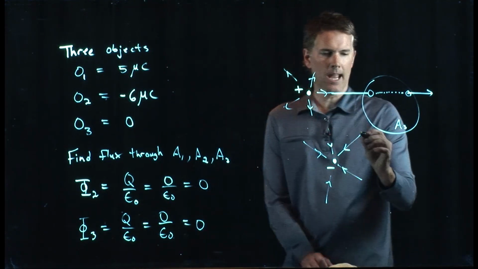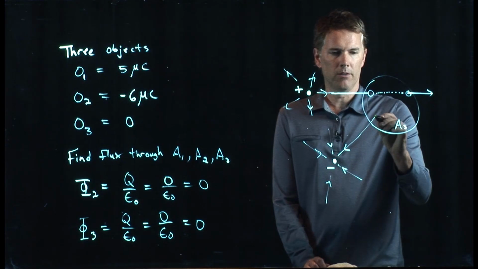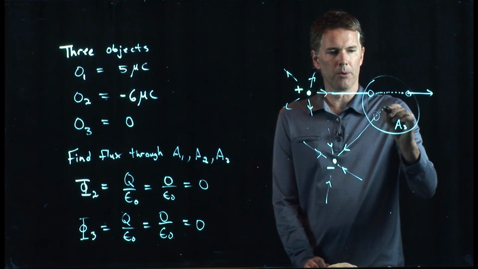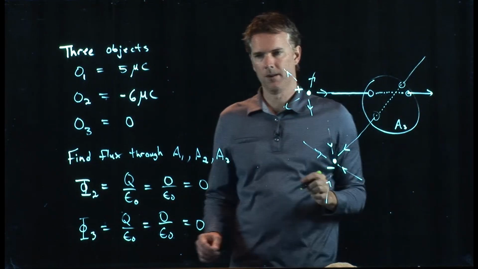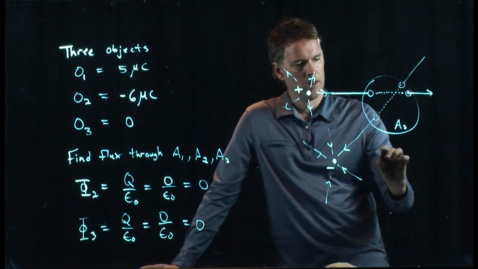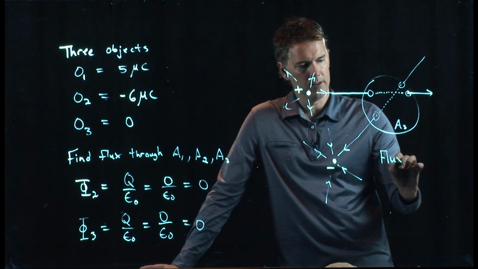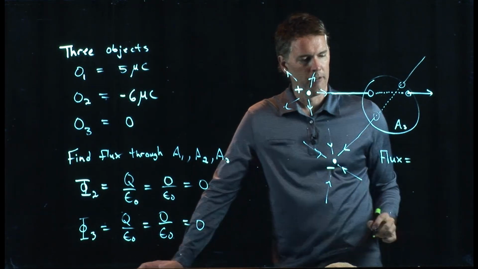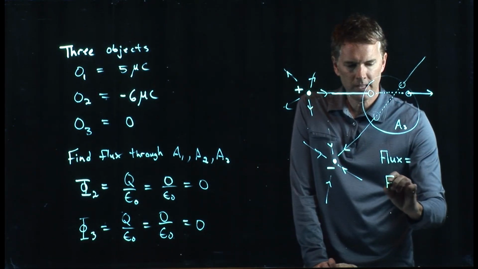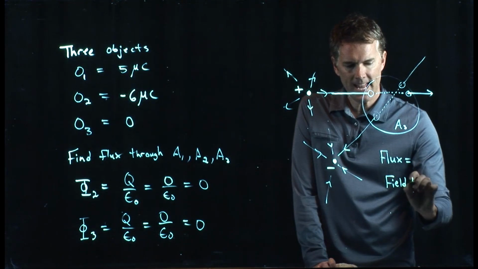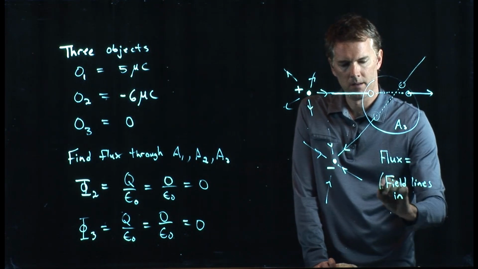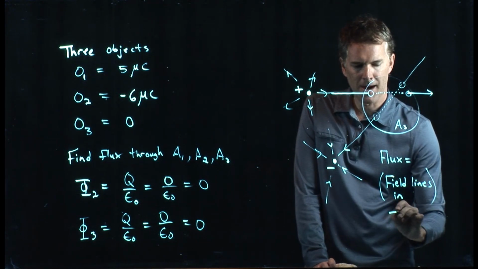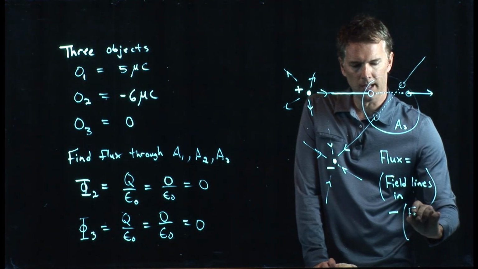But this line came in from much further out, so it had also gone through A3. But what is flux? Flux is field lines in minus field lines out.